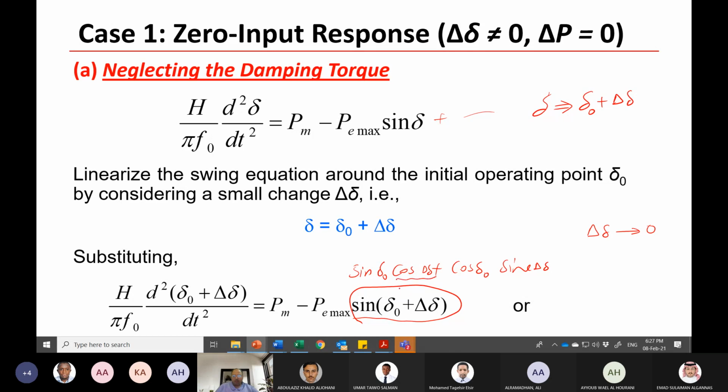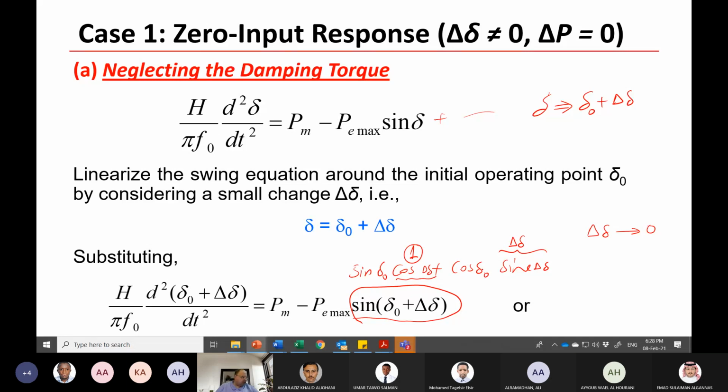And then we can approximate cosine delta delta to be what? If delta delta approaches 0, how much is cosine delta delta? 1. How much is sine delta delta if delta delta approaches 0?